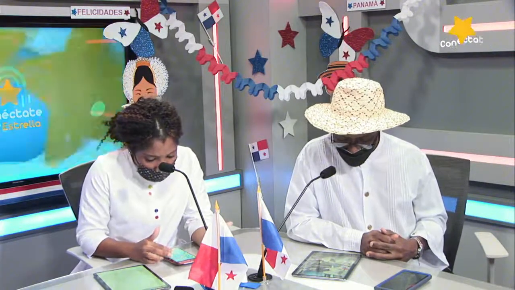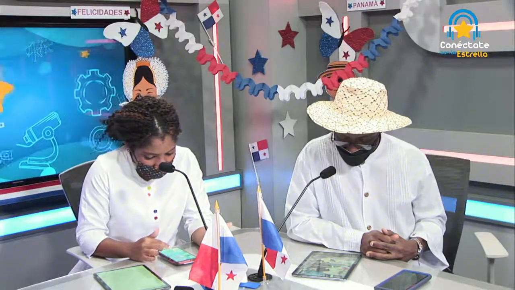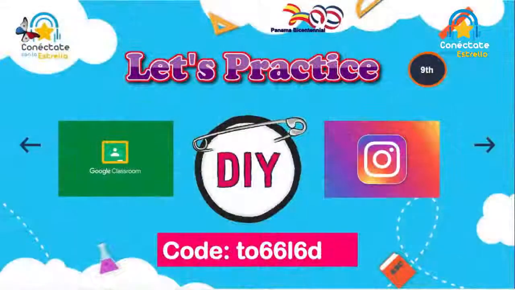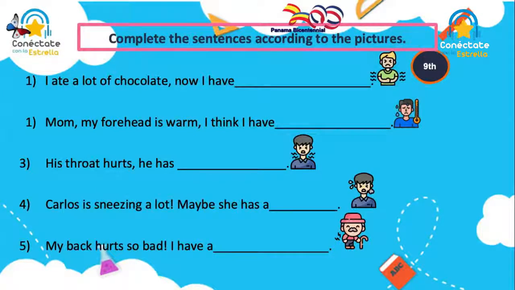We also have a practice here in our Google Classroom, where you need to complete the sentences according to the picture. This is only to help you connect, analyze, and make sense. For example, number 1: I ate a lot of chocolate.